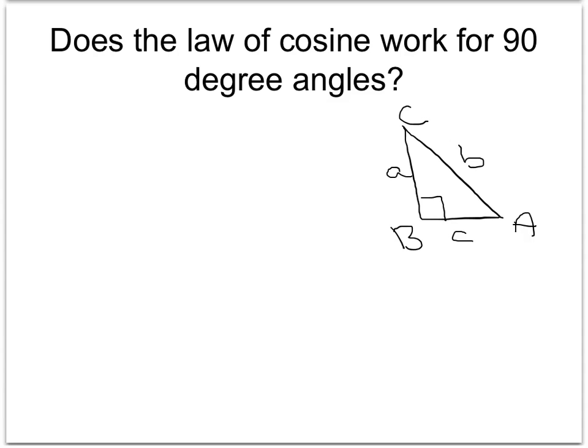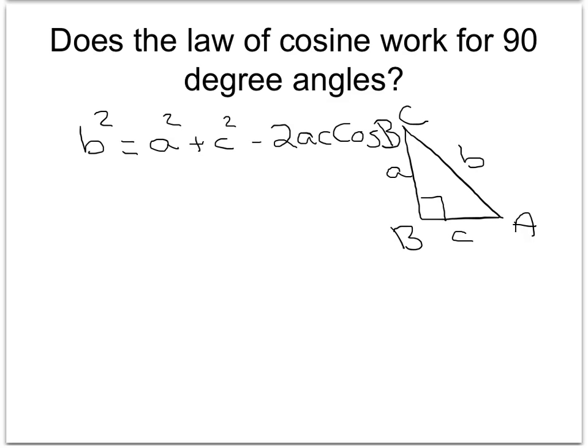So let's start filling out our formula for b in this case. So I'm going to say that b squared is equal to a squared plus c squared minus 2ac cosine b. So that's my formula.